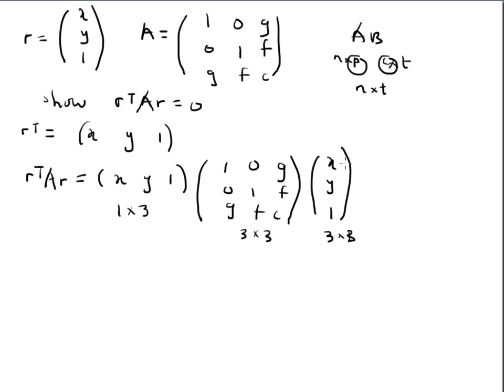All right. So which one should we do first? Let's multiply this R transpose with the matrix A. Now in multiplying matrices, this row multiplies this column, and this row again multiplies the next column in that order. As I said, you end up getting a 1 by 3 matrix, one row, 3 columns.